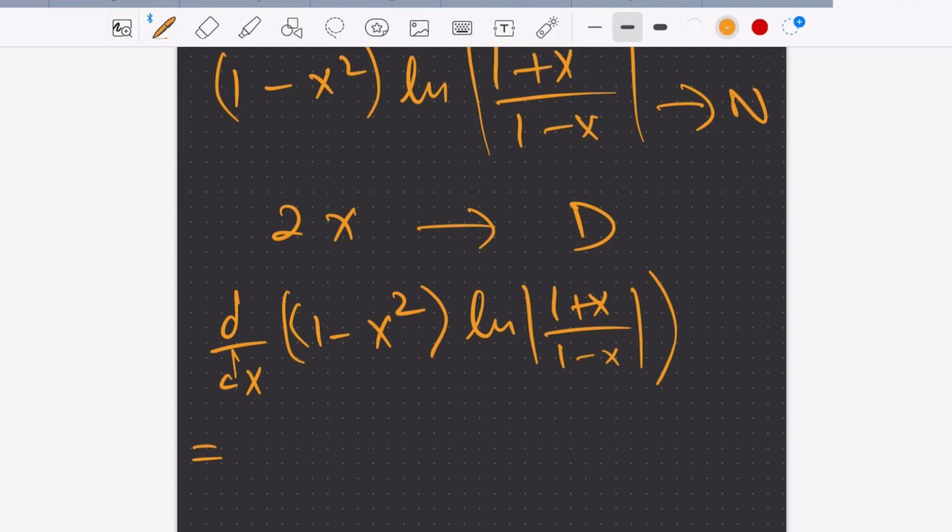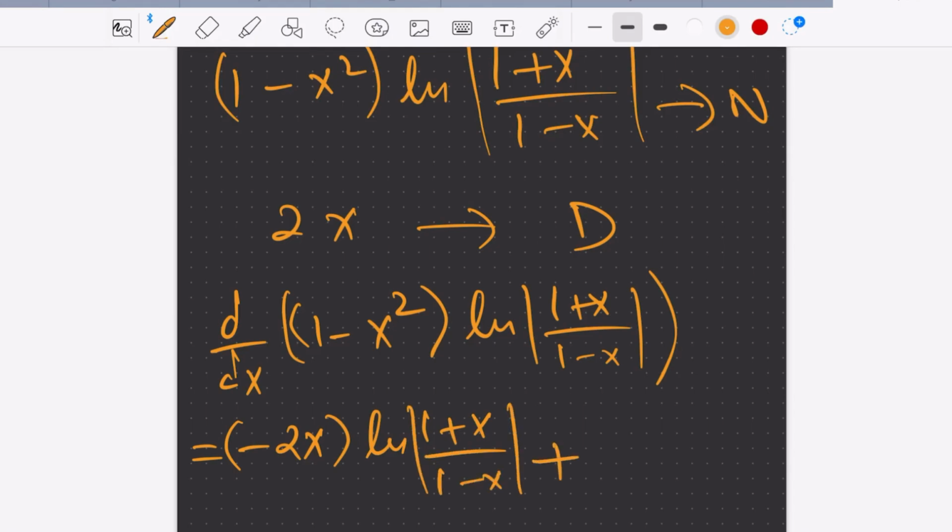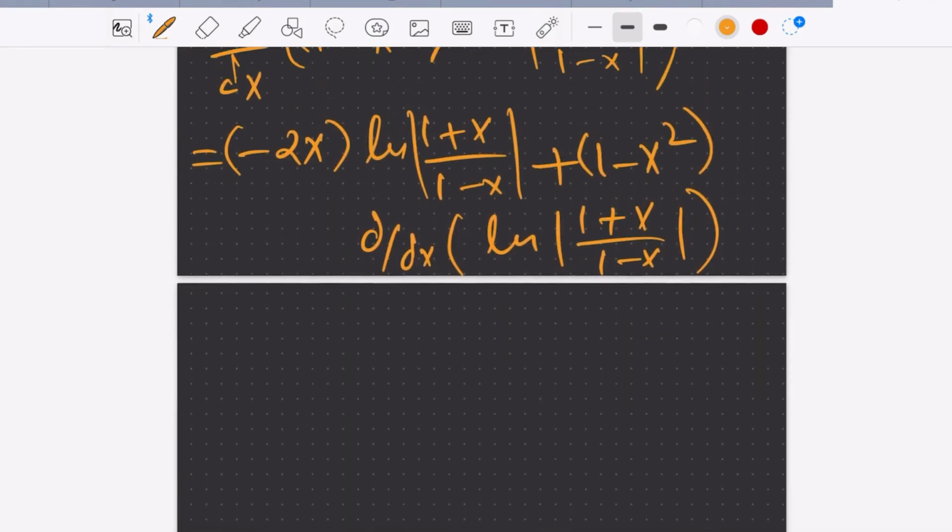So the derivative of 1 minus x square is minus 2x, times log of (1 plus x over 1 minus x), plus the derivative of log of (1 plus x over 1 minus x). Next I will solve this derivative.